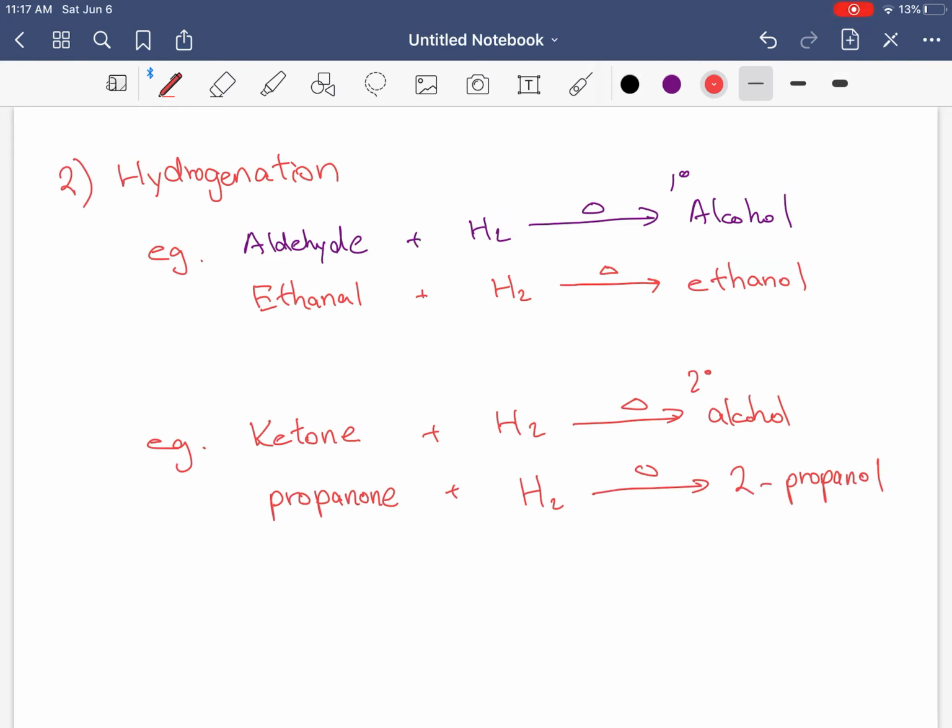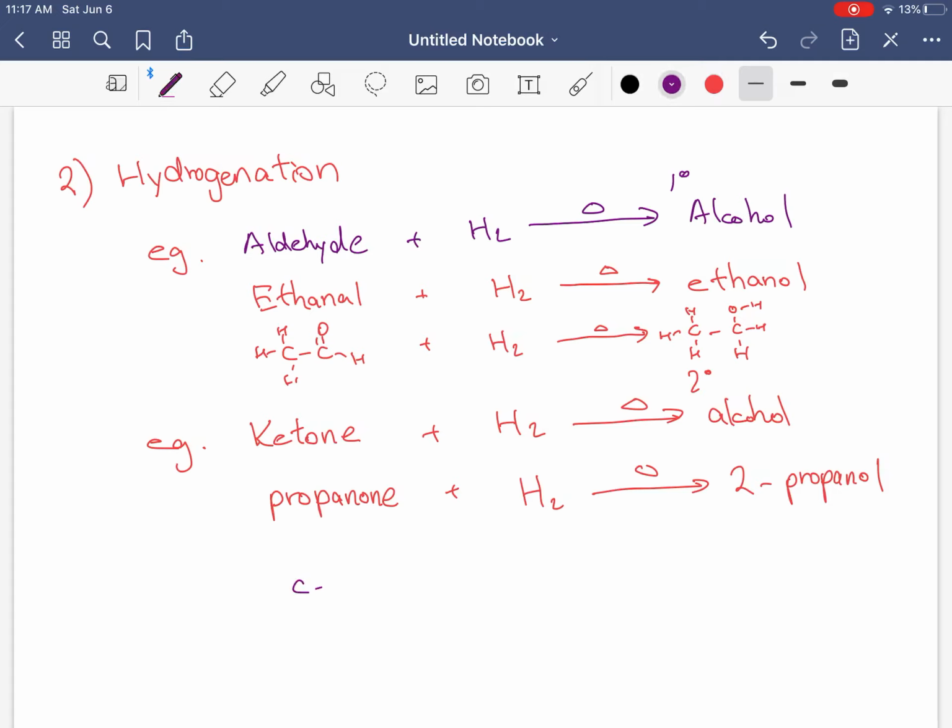Let me just draw this for you guys and then we'll call it for the day. So I have here ethanal. If you take 2 hydrogens, and of course you would put 1 hydrogen here and 1 hydrogen here, you will have exactly what I say you're going to have. You're going to have a primary alcohol. Here's your ethanol.